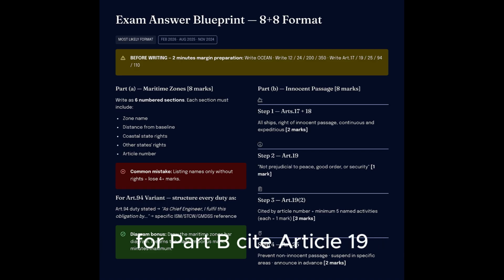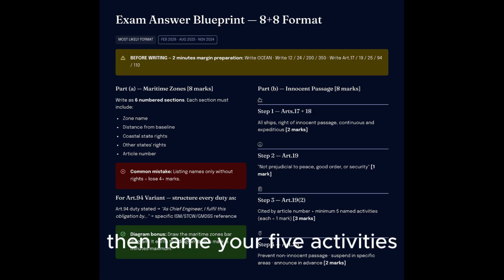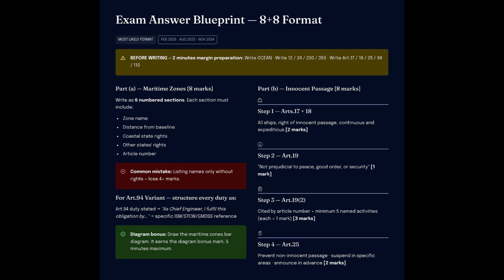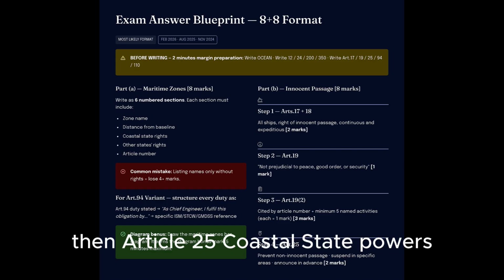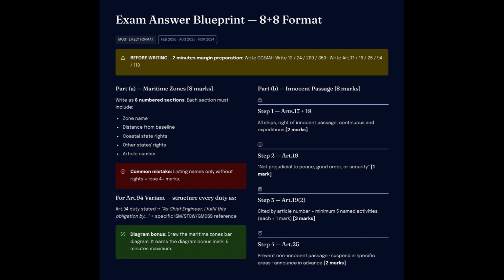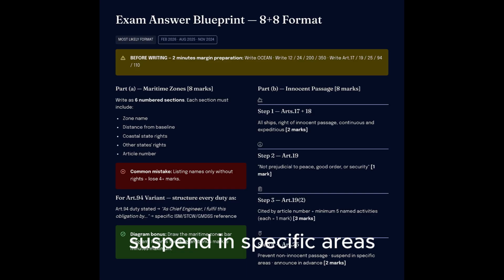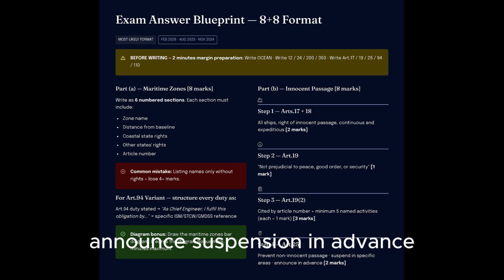For Part B, cite Article 19 paragraph 2 by number. Then name your 5 activities. Each one earns a separate mark. Then Article 25, Coastal State Powers. Prevent non-innocent passage. Suspend in specific areas. Announce suspension in advance.